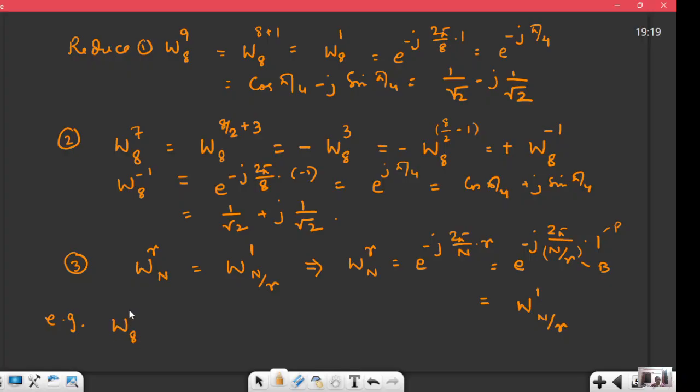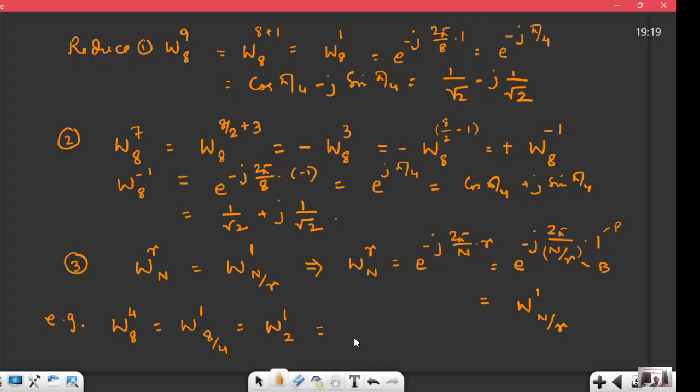For example, I can show you that W4 is equal to W1 with 8 divided by the power. You can find out the value.